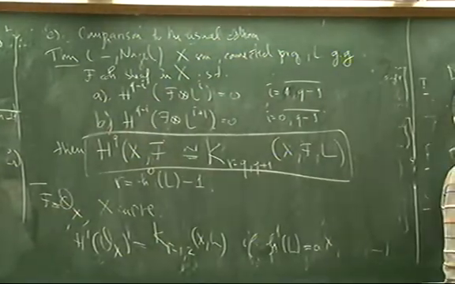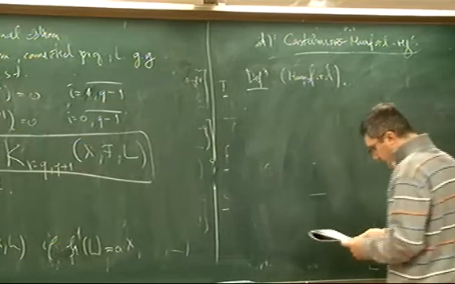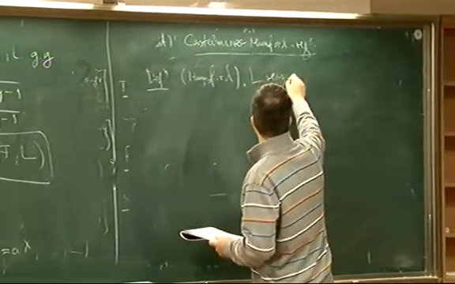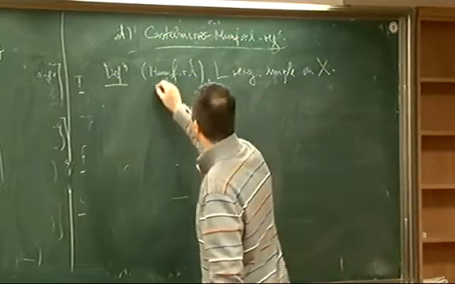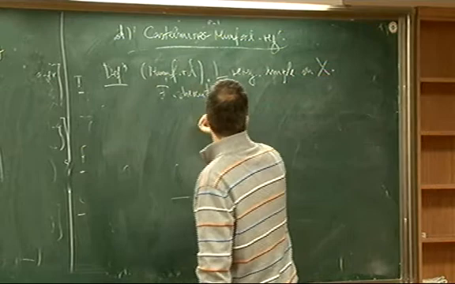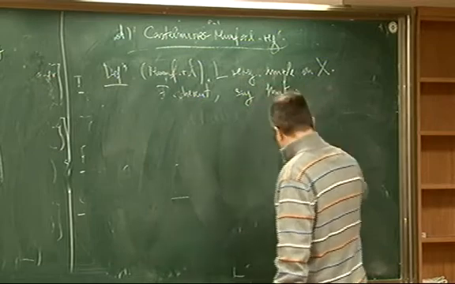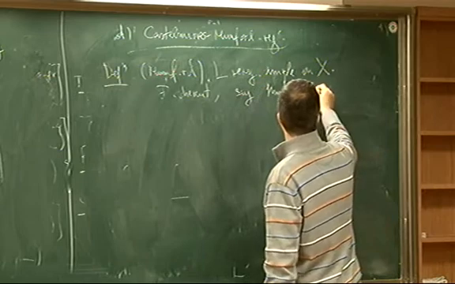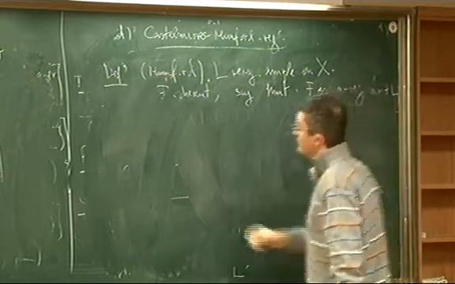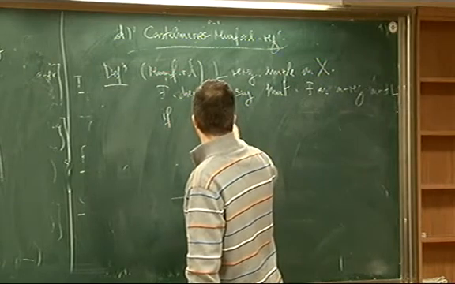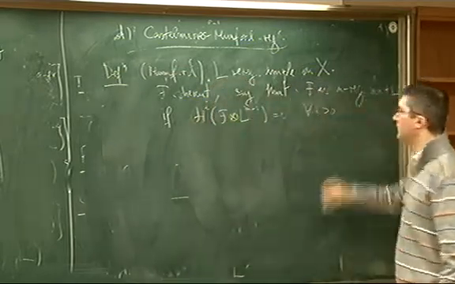So let me just remind you the definition. If L is very ample, or even globally generated and ample, that's enough, on X, and F is coherent, then we say that F is m-regular with respect to L if H^i of F tensor L^(m-i) is 0 for any i bigger than or equal to 1.